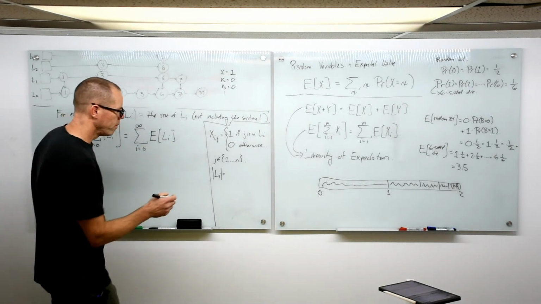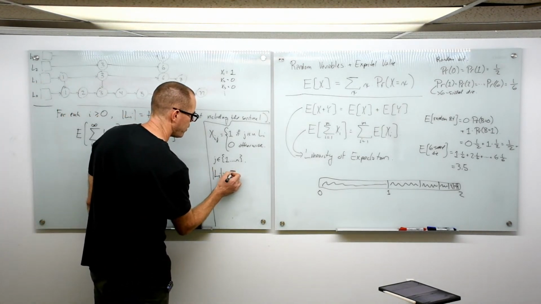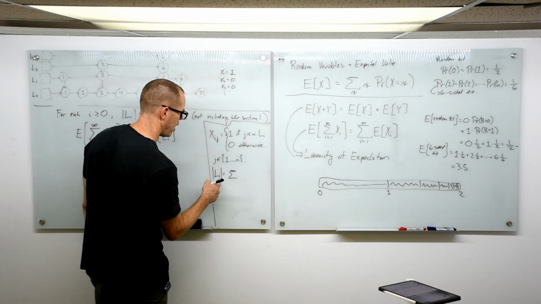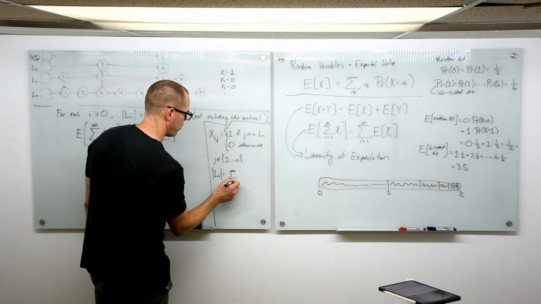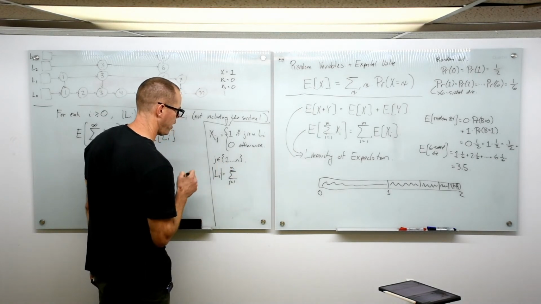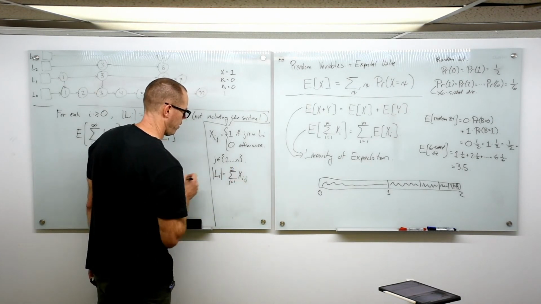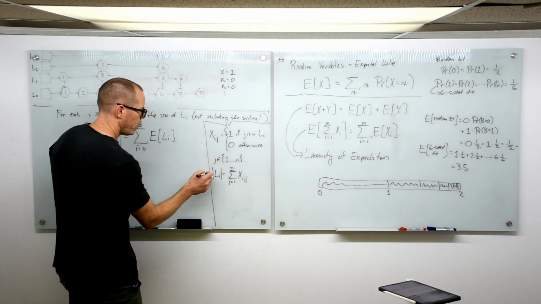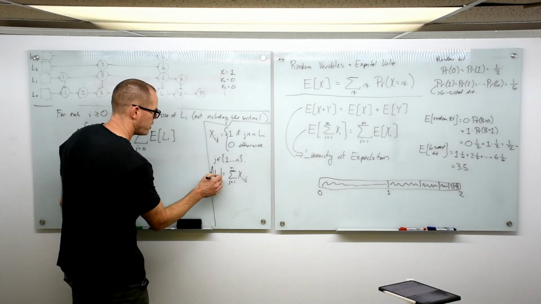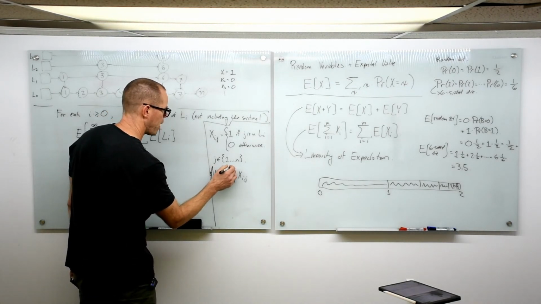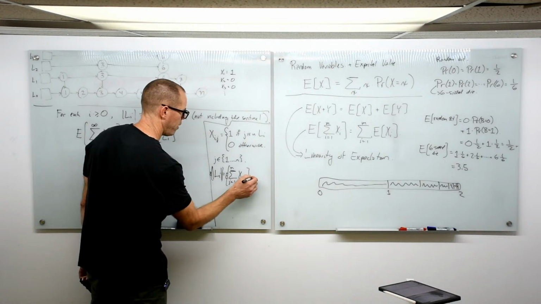So all that is just to say that the size of this list Li is the sum, j equals 1 through n, of xij, which means that the expected size of that list is the expected value of the sum.